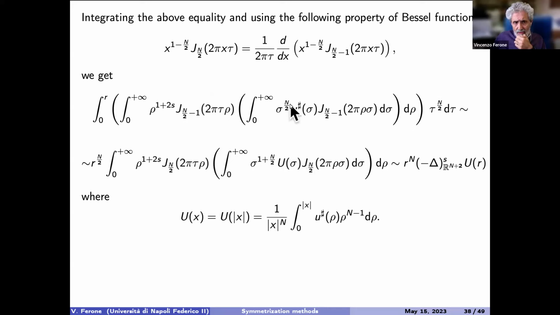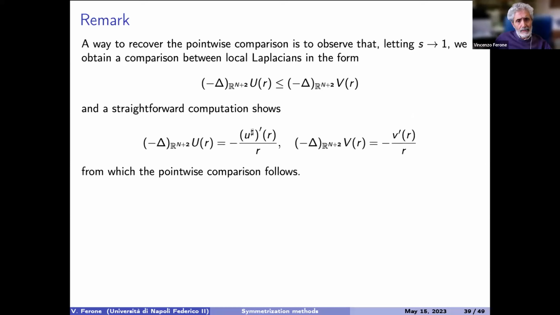And here, instead of n over 2, there is n over 2 plus 1. So essentially, it's the same quantity, but in n plus 2 variables. And so this justifies, at least formally, that formula.